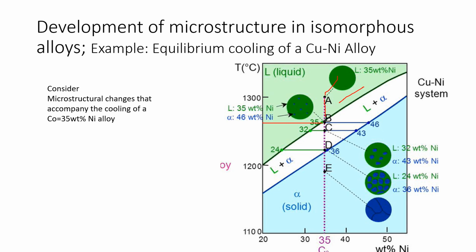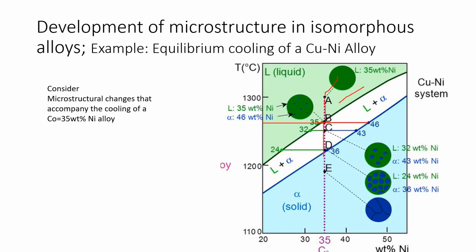At this point, the first solid solution alpha begins to form, with a composition dictated by the tie line drawn at this temperature. This tie line is between 35 to 36 composition.